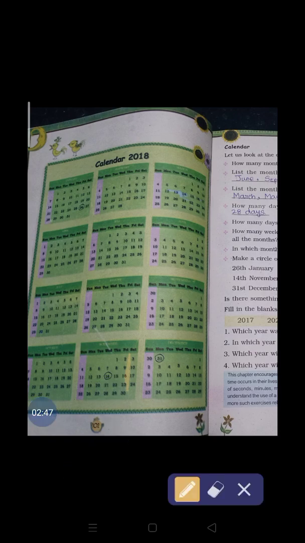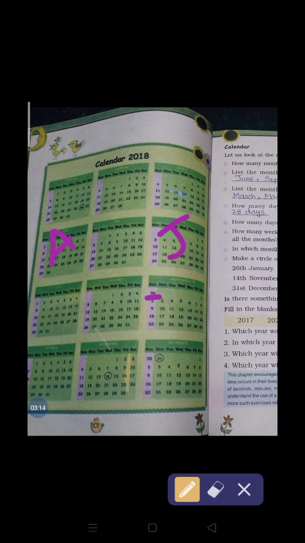April has 30 days. May has 31 and June 30 days. July 31 days. August 31. September is 30 days.